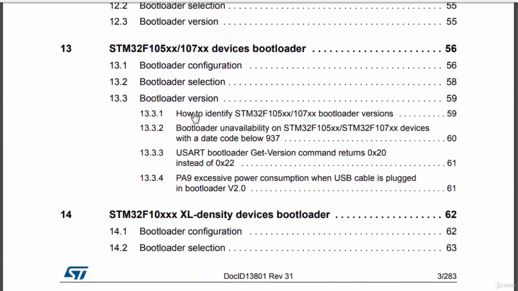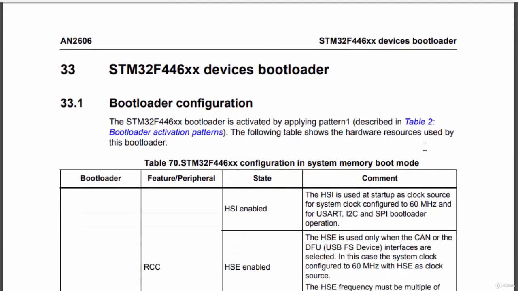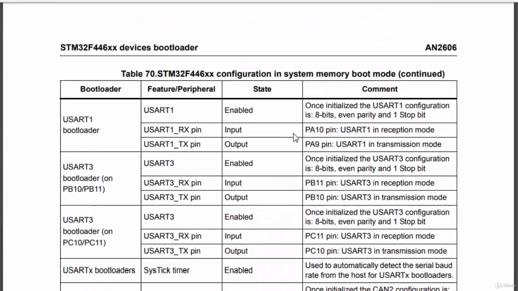For example, let's go to one family. Let's say I go to STM32F446 devices bootloader. So when I go here, it actually describes through which peripheral the bootloader communicates with the host.